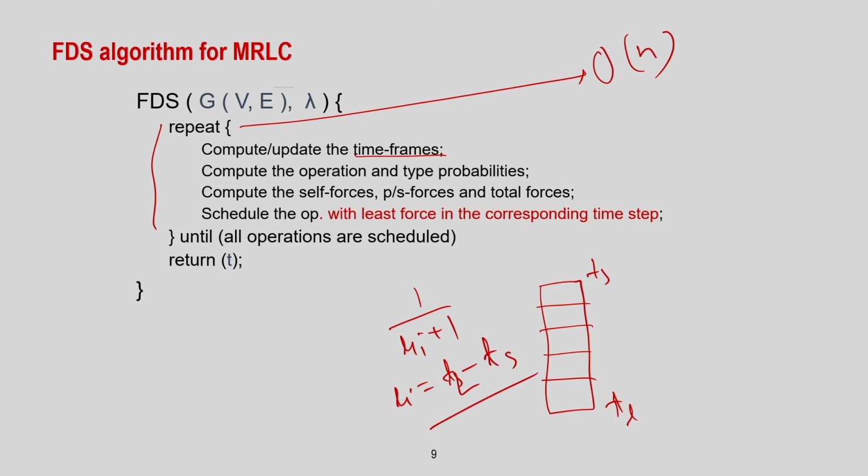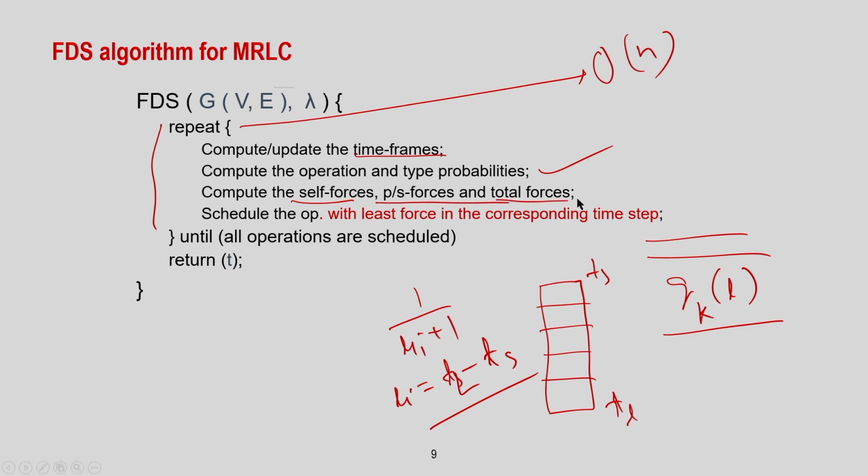Okay. So that is already calculated, and then for each time stamp we have already identified the type distribution, that is, at each time stamp I will identify the total type distribution of operator type K. So, I am going to calculate all those things, right. I will identify the probability, the probability distribution, and then the type distributions, and then I am going to calculate the self force, the predecessor and successor force, and the total forces.